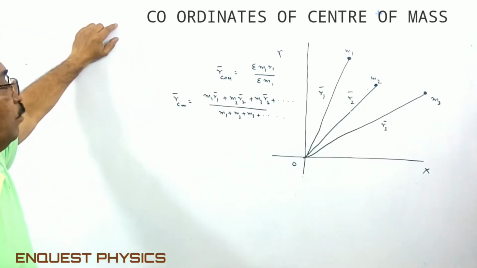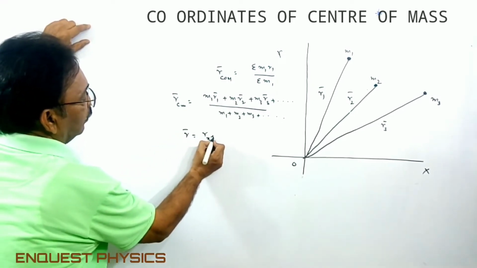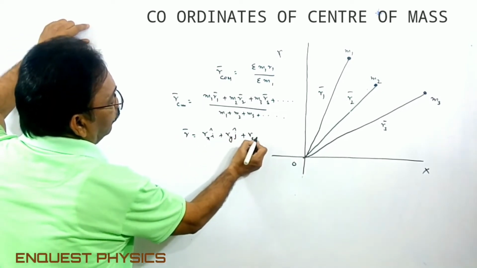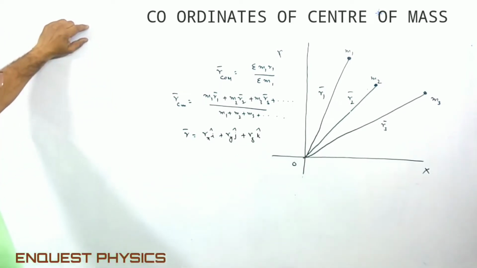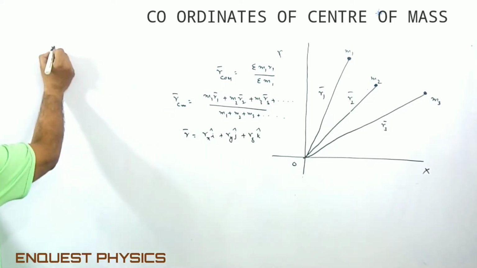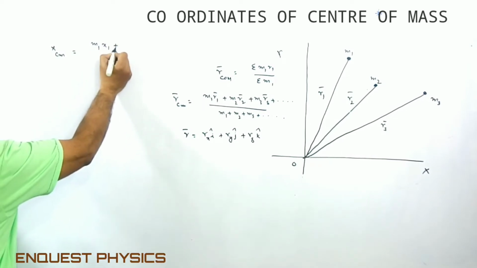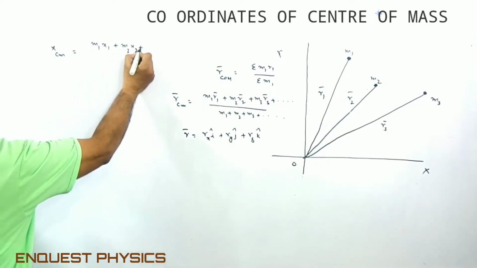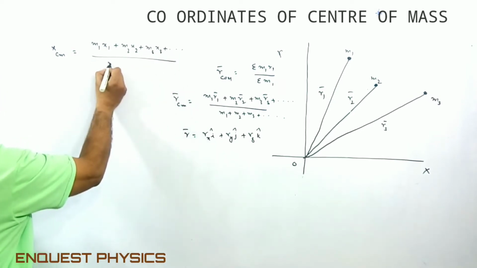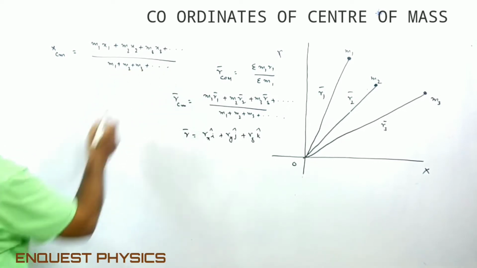Okay students, here if R is resolved into the components Rx i cap plus Ry j cap plus Rz k cap, in this case we can write the center of mass along the x-axis, XCM, as m1 x1 plus m2 x2 plus m3 x3 plus so on, upon m1 plus m2 plus m3 plus so on.